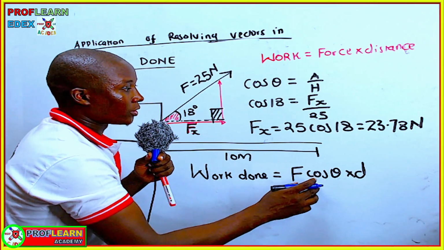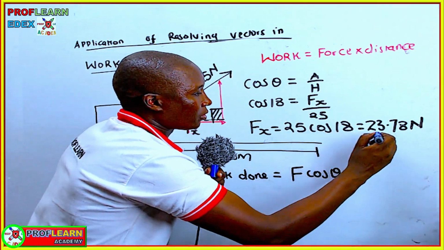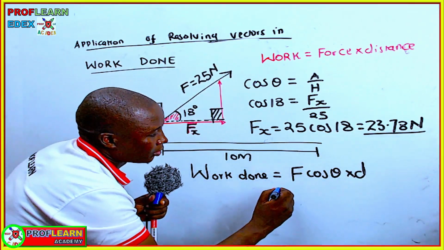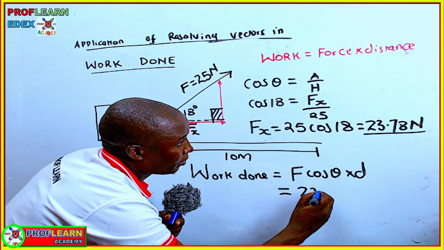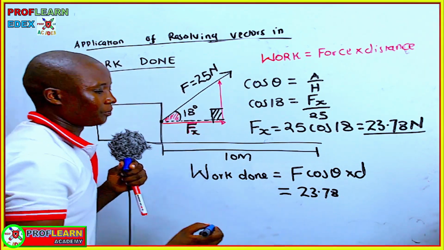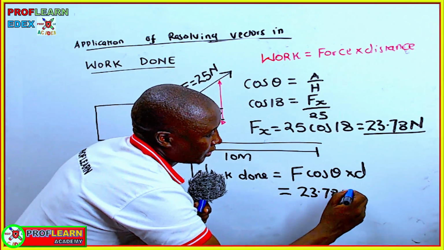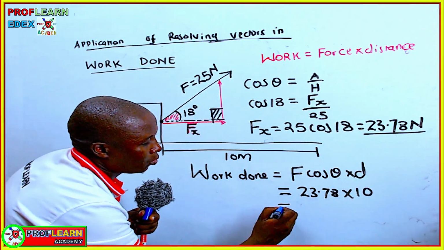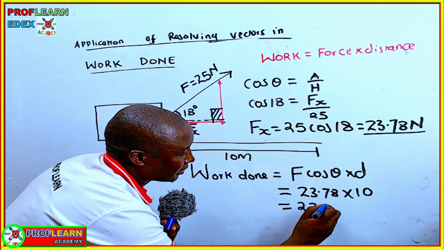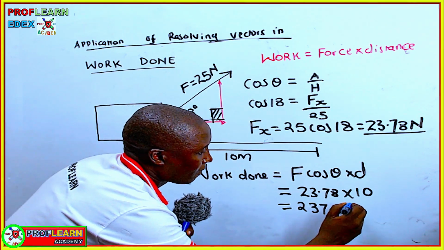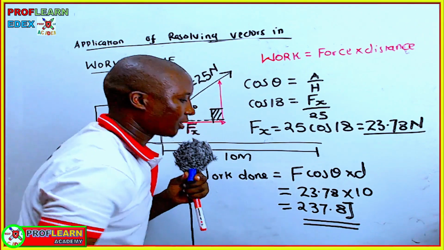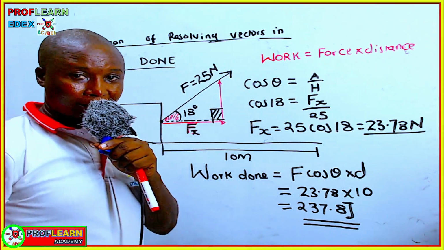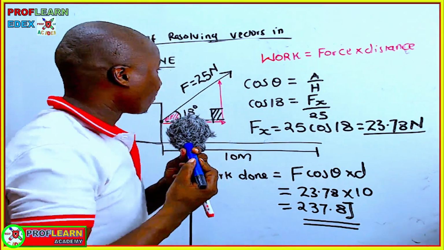But F cos theta is this value that we have gotten at this given point. So this is going to be 23.78 times 10, which is going to be 237.8 joules. That is the work done using resolving of vectors.